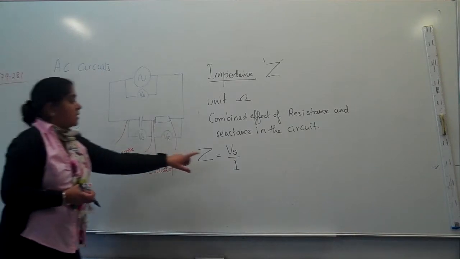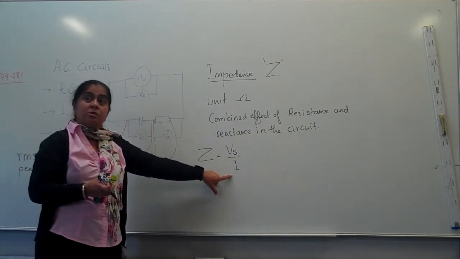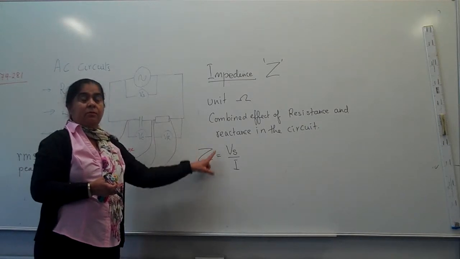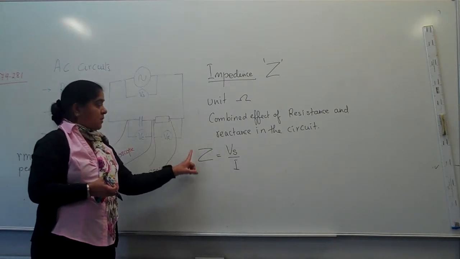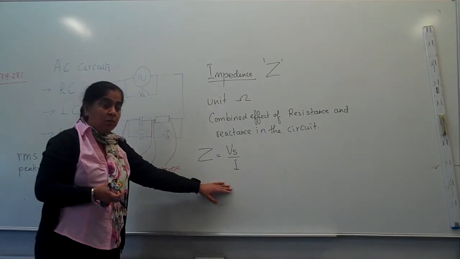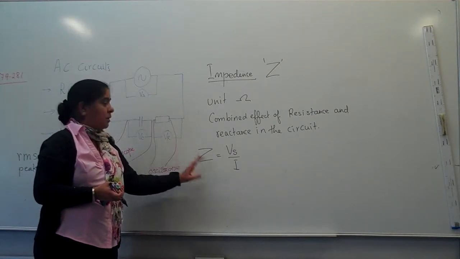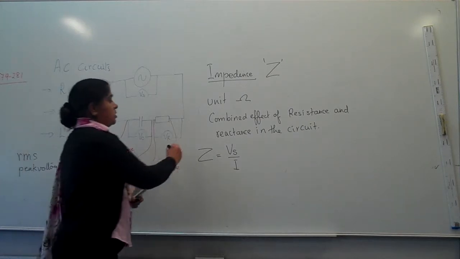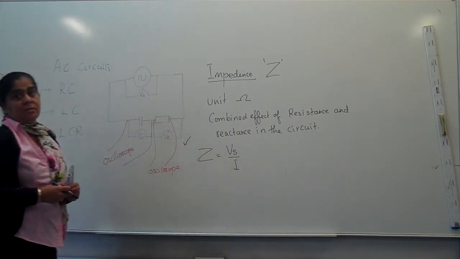That means the current in the circuit is also controlled by this factor, impedance. If the impedance is higher, certainly the current is going to drop down. If impedance is lower, the current in the circuit is going to increase. This equation is given in the resource booklet.